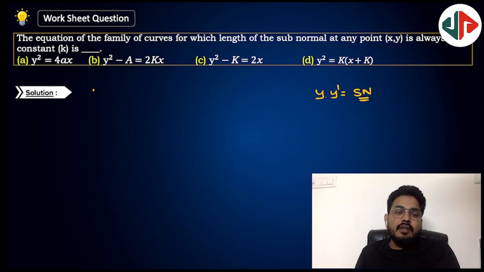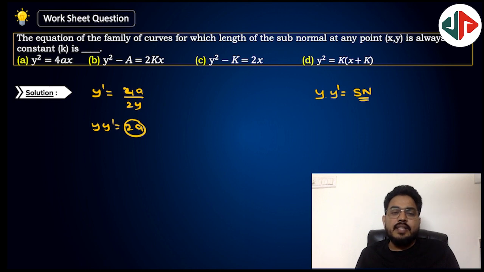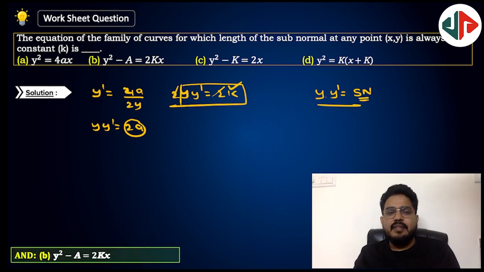So for the first curve, y dash is equal to 4a by 2y. So here y dash is equal to 2a. So instead of 2a, if you take this one, 2y dash is equal to 2k. 2 cancels, so you are getting y dash is equal to k. So the answer is B.